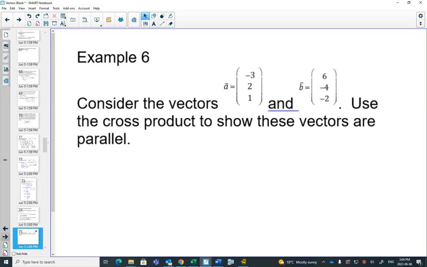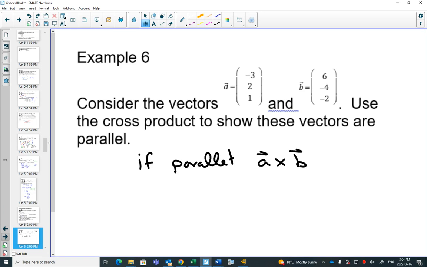Okay? So, example 6. Here we have 2 vectors. Show that these vectors are parallel. So, using the properties, A cross B should be the 0 vector.